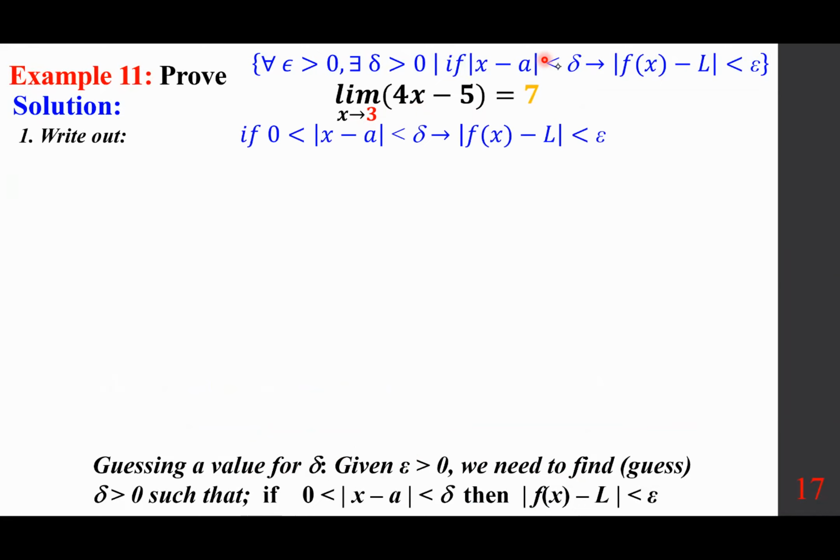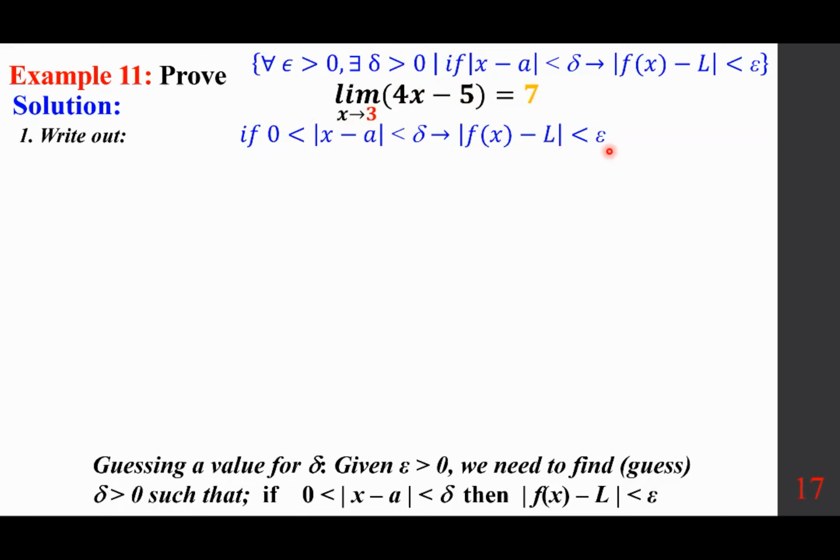So here's the methodology. You write this: if the absolute value of x minus a is less than delta, that means the absolute value of f of x minus L must be less than epsilon. When we look at this one, I hope you realize that a is 3, f of x is 4x minus 5, and the limit is 7.